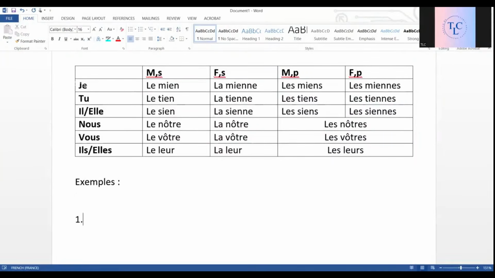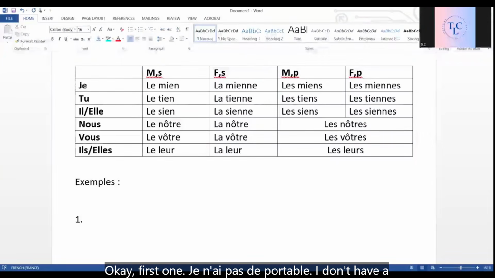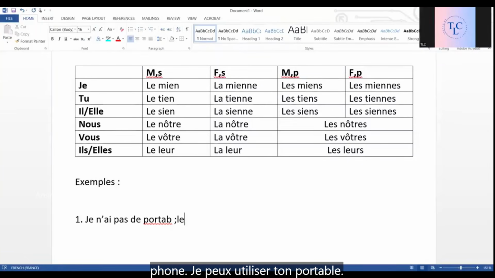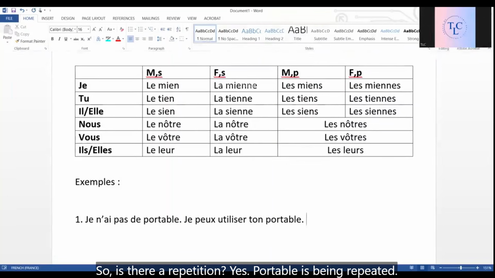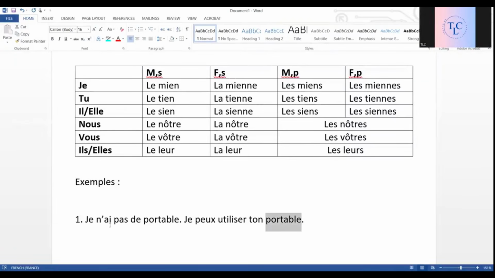Prenons des exemples. Okay, first one. Je n'ai pas de portable. I don't have a phone. Je peux utiliser ton portable. So, is there a repetition? Yes. Portable is being repeated.